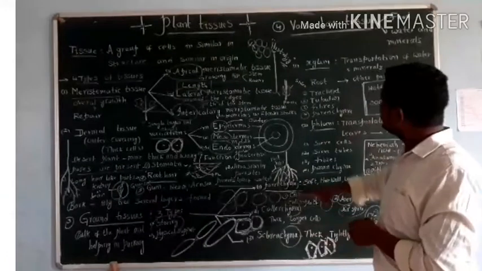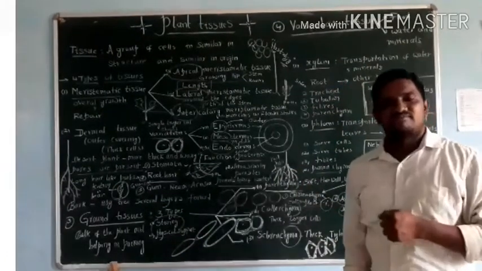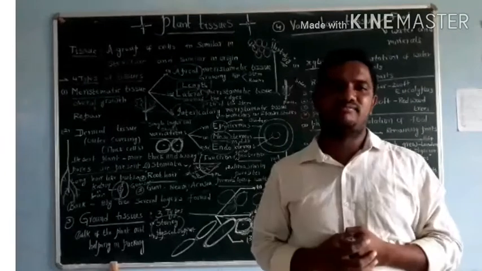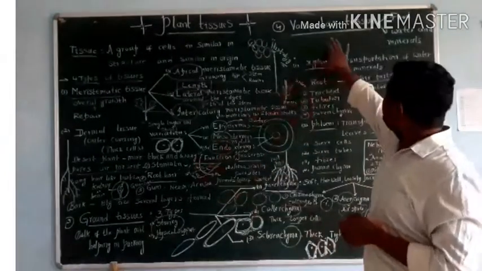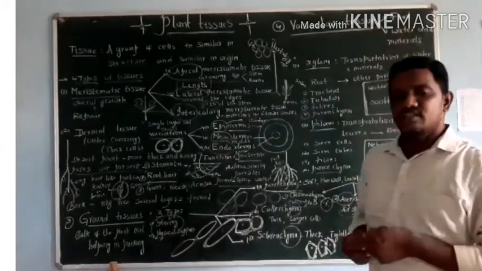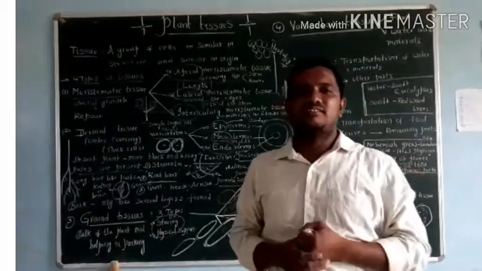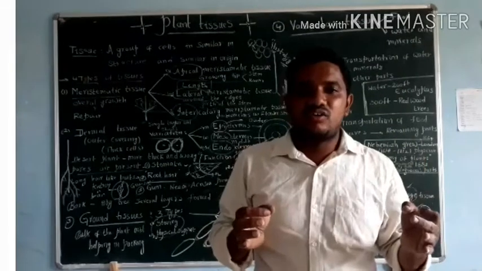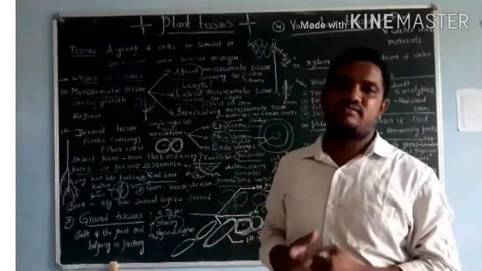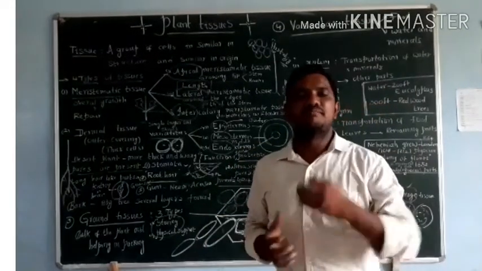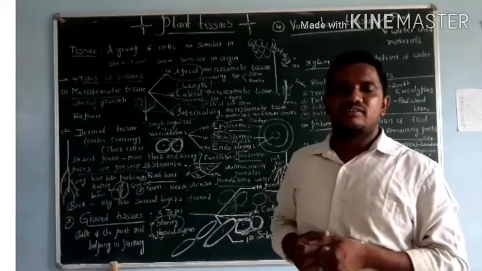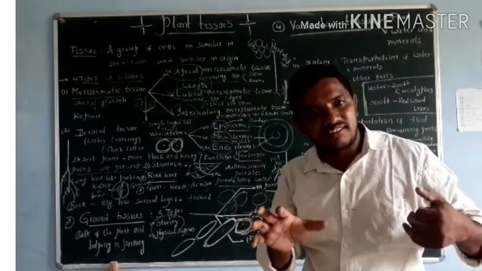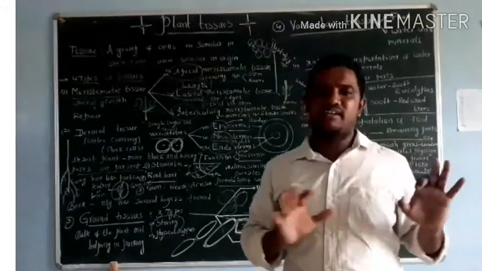Next one is vascular tissues. This is the fourth kind of tissue in the plant body. These tissues help in conduction of food, water, and minerals. Simply, we can say these tissues help in transportation of water, minerals, and food materials.